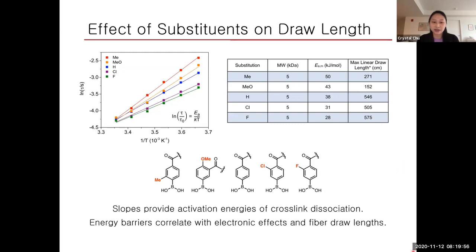So this, I think, was a very important study that gives us more information about what factors go into making a material that has a high propensity for fiber formation using a pultrusion-based method.